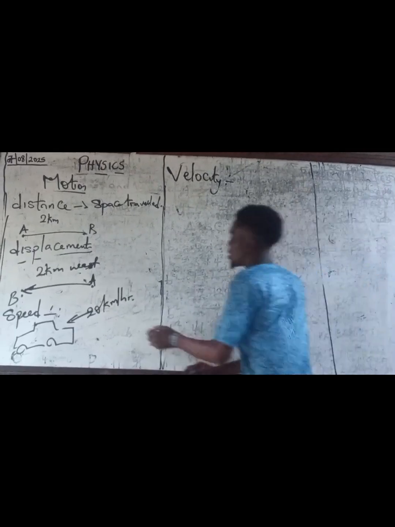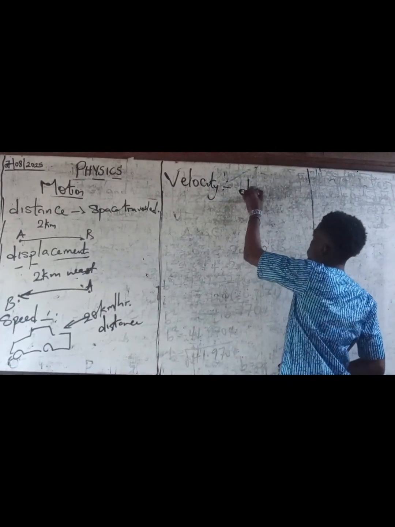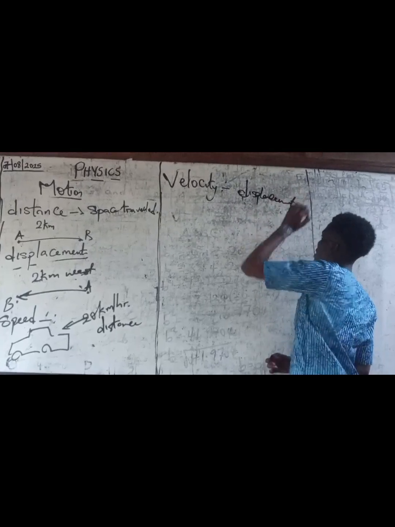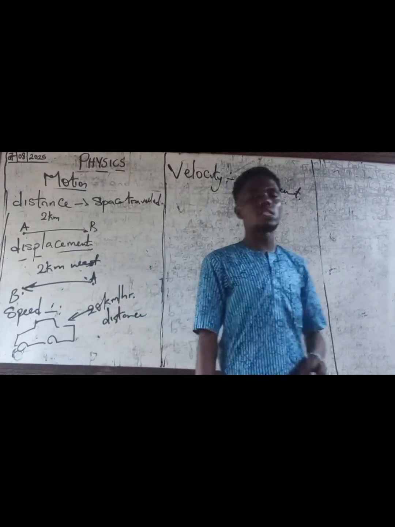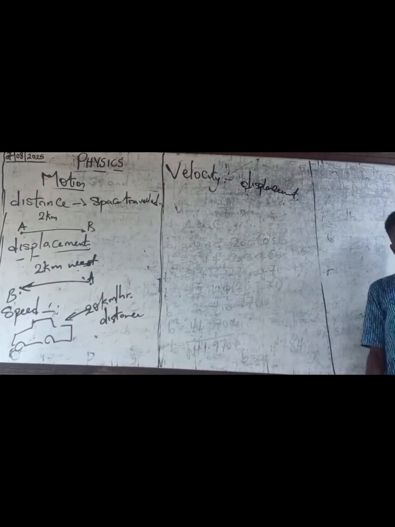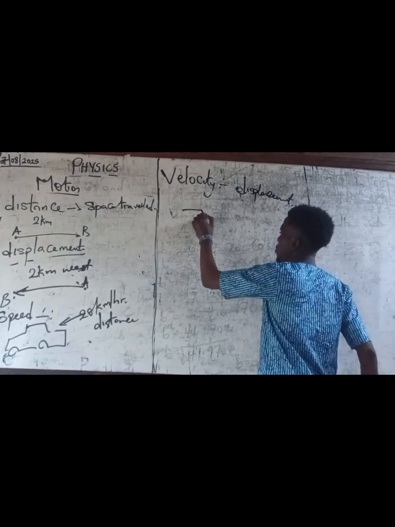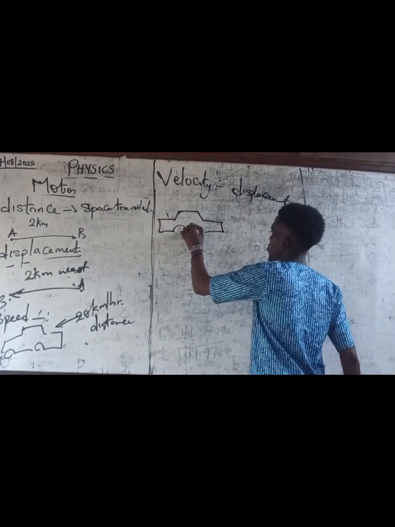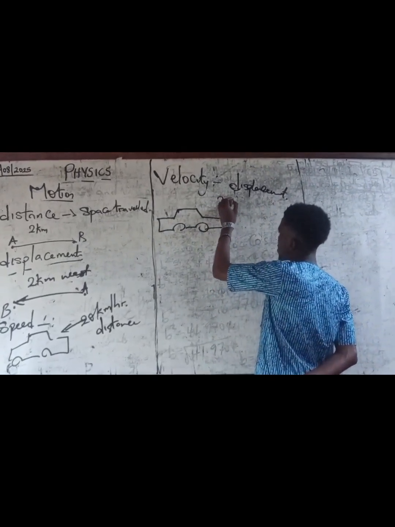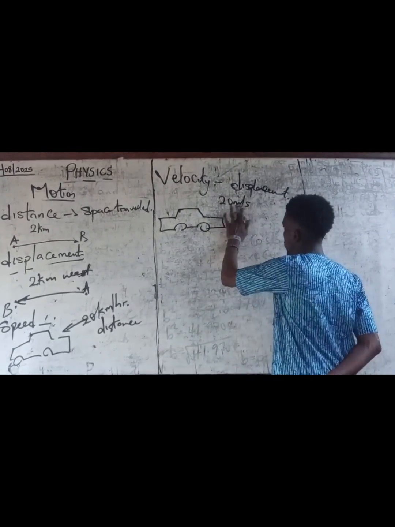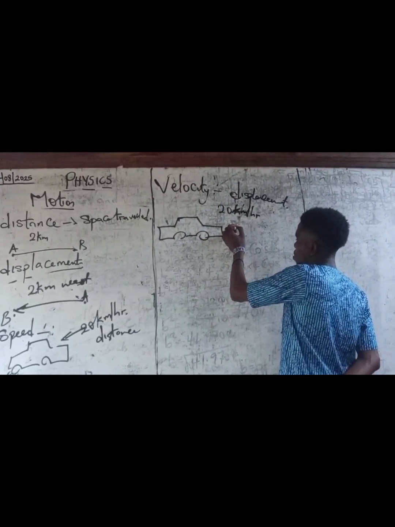In speed you are dealing with distance. In velocity you are dealing with displacement. So this tells you that in velocity, direction is always specified. Please take note of that. So I can say, for instance, a car moves with a velocity of 20 kilometers per hour west or east.